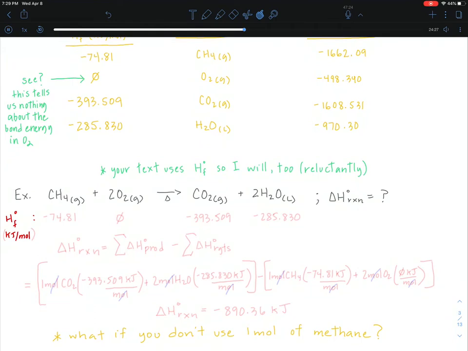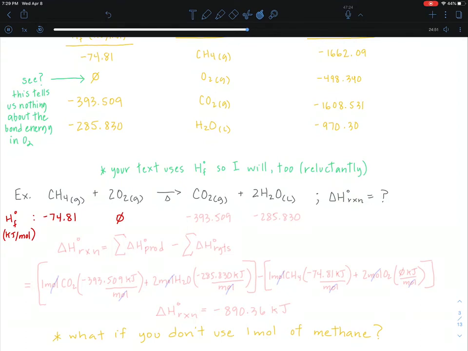So our reactants over here are methane, and we see from the table negative 74.81. So my units are over here on the left, so I don't have to keep writing them down every time. I see that I've got a 0 for oxygen because under standard conditions, molecular oxygen, O2, is in the gas phase.